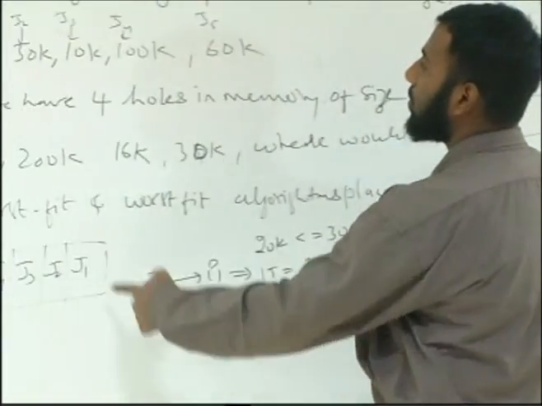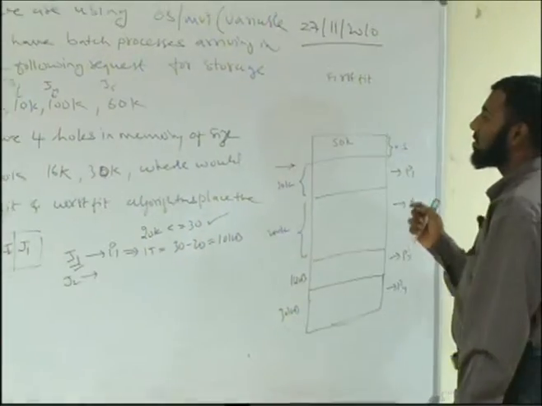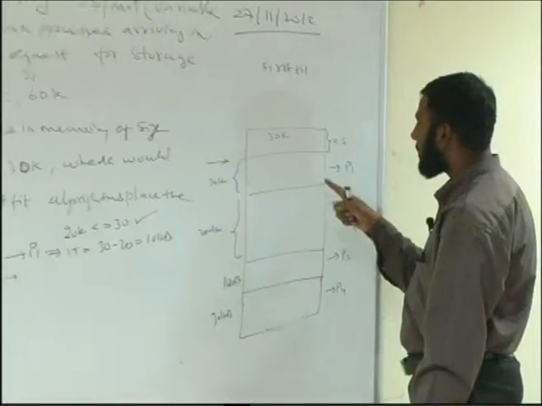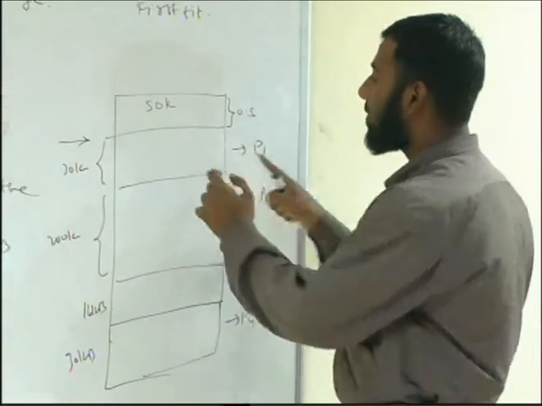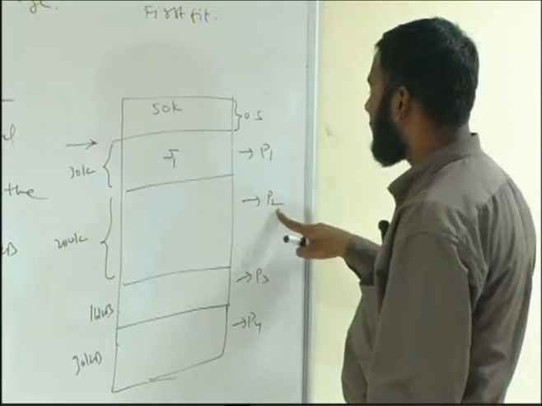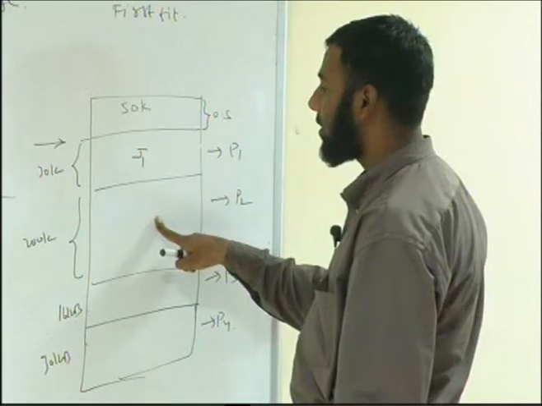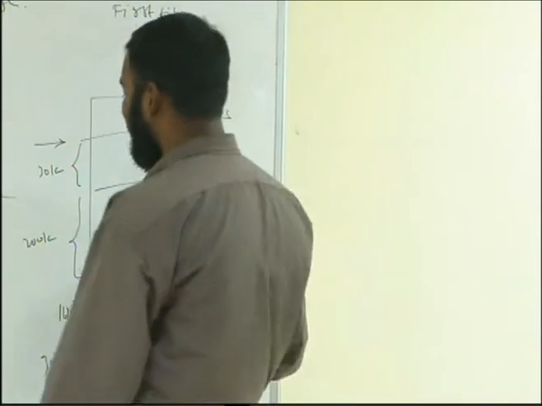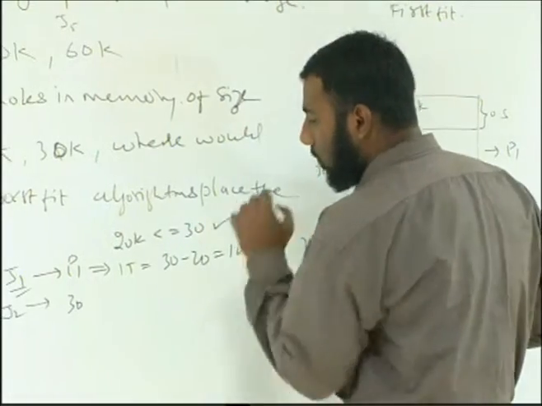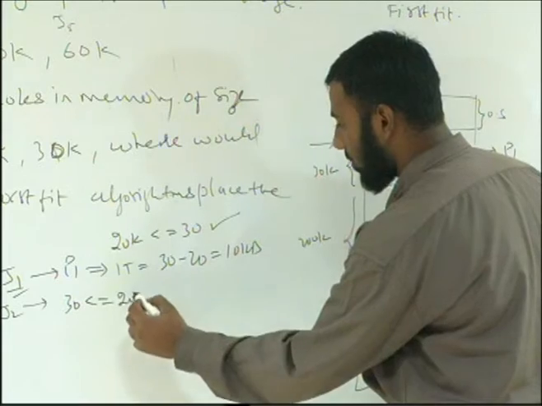Now when job J2 comes, its size is 30 kilobytes. The first partition is already occupied by job 1. It will check again: is the process size of 30 kilobytes less than or equal to 200 kilobytes?